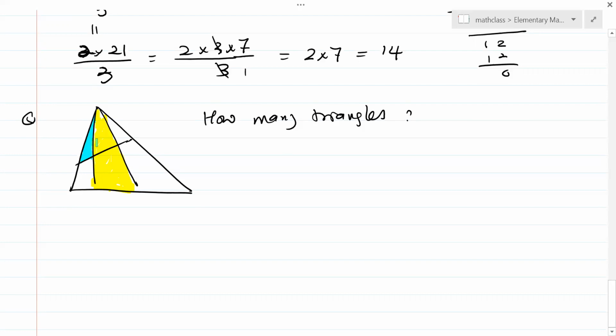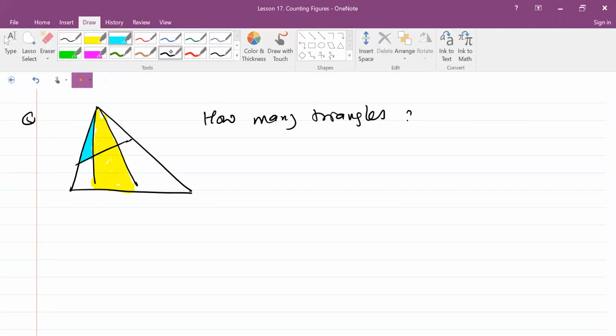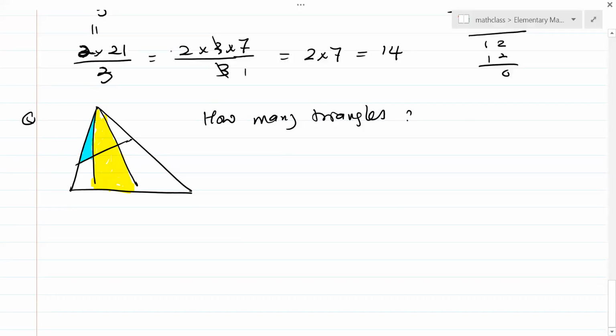I just colored them to give an example. All right, please do that. There aren't that many triangles there, right?